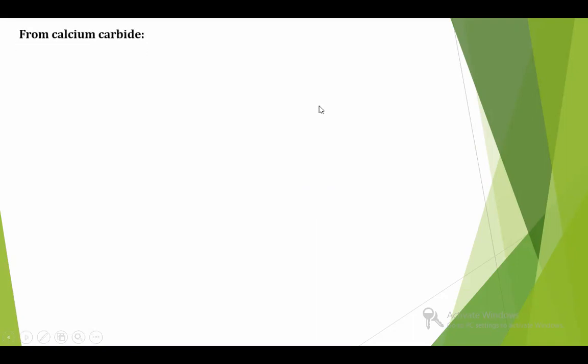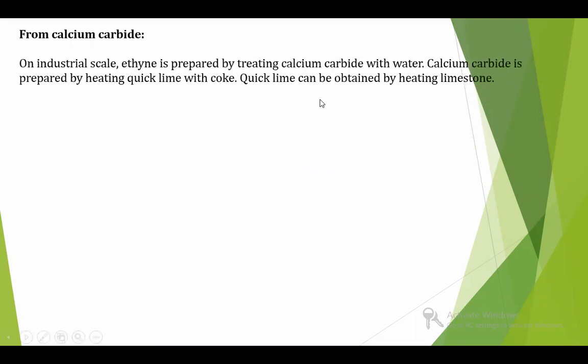Next, how the alkynes are prepared. Alkynes can be prepared from carbides, especially calcium carbide. On an industrial scale, ethyne is prepared.